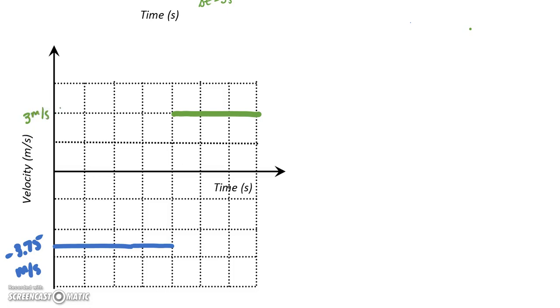And so you'll notice that I have this little moment where instantaneously I go up here. So we don't draw a line in here, but we're saying, for the first 4 seconds, I was traveling at -3.75 meters per second. I was going in the negative direction. And then for the last 3 seconds, because this goes to 7 seconds, I was heading at 3 meters per second. So I went in the positive direction.